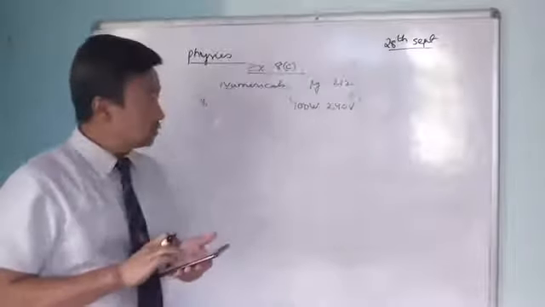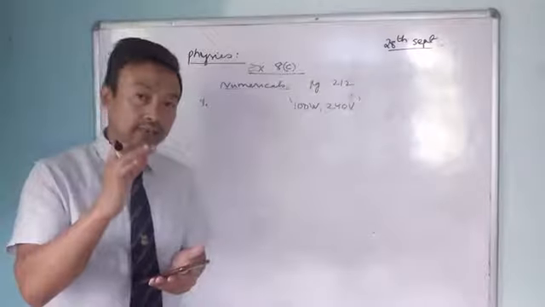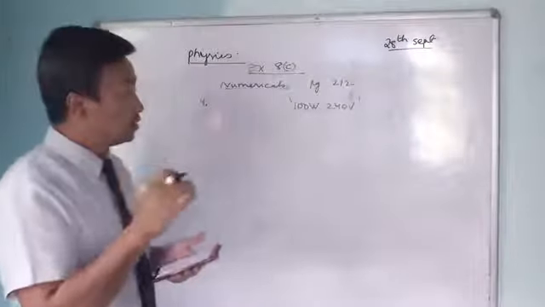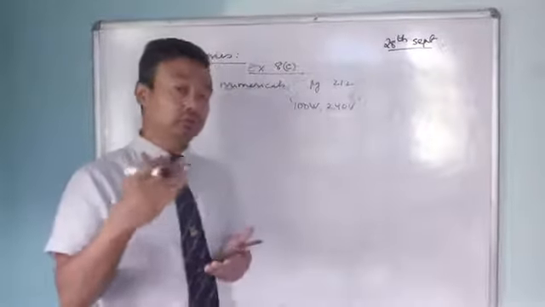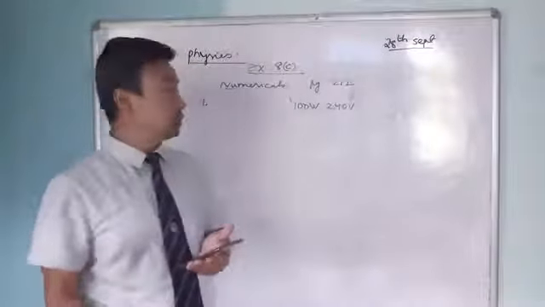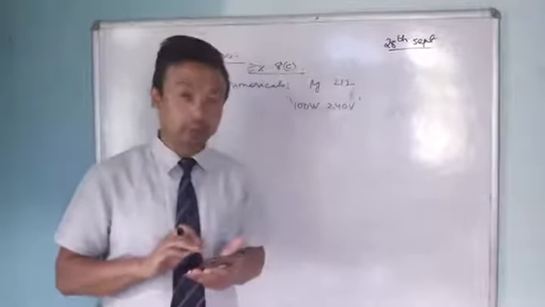Now if you look at the potential difference, the voltage will be standard in our place. It will be around 250 to 240. So that is the standard voltage. All the appliances will be marked or labeled as such.